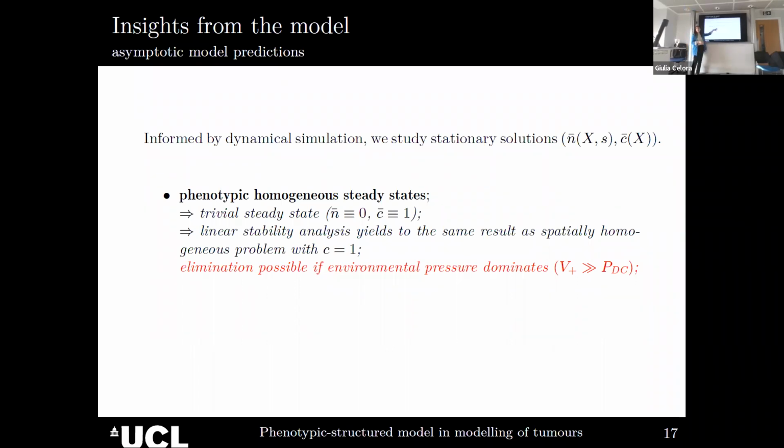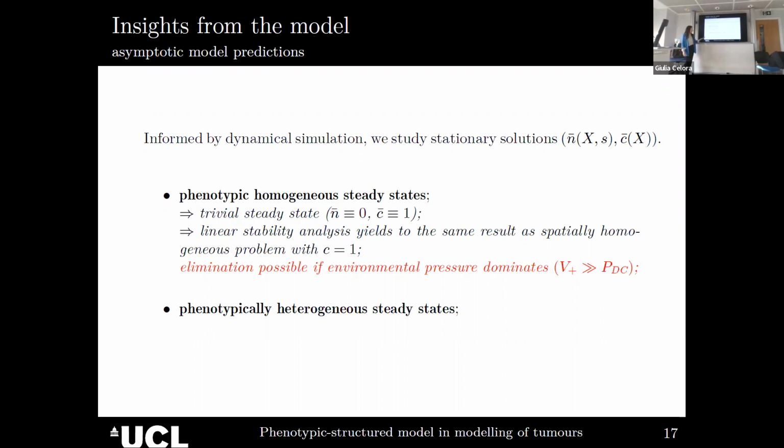We can again do a linear stability analysis around the steady state. And what we find is that the result is the same as for the spatially homogeneous case with c = 1. And this is basically telling us that movement of cells doesn't drive anything interesting in this system. So elimination, as before, is possible if environmental pressure dominates.